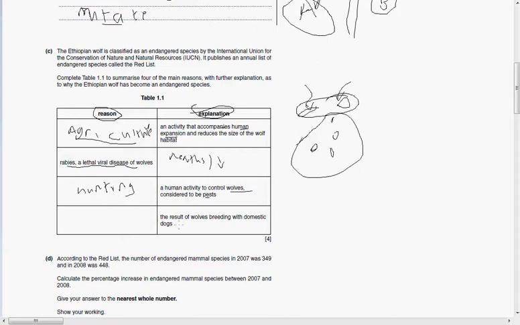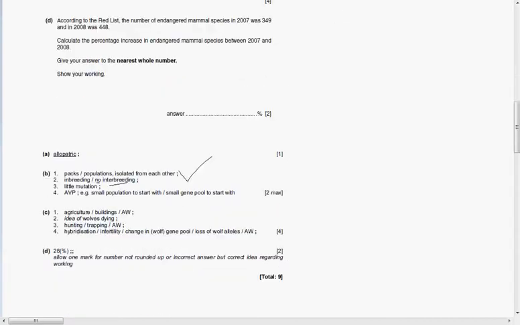And then the results of wolves breeding with domestic dogs. Now here there is inbreeding. Here there is hybridization.